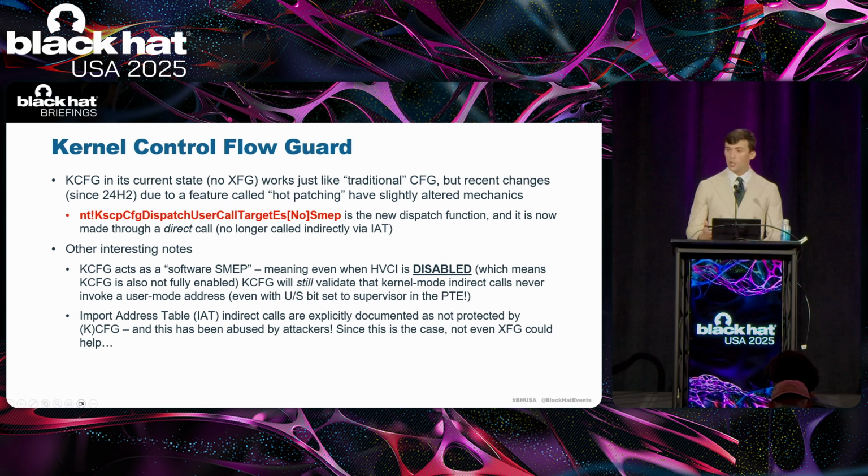This was a situation where the mitigation itself was implemented in the same privilege boundary as the attacker. The page table entry has a special user/supervisor bit, which lets us know what's a user page and what's a supervisor page. So KCFG, even with HVCI disabled, will be a full no operation, except for one single case, and that is a bitwise test on the address. If it's a user mode address, we still crash the machine even without HVCI being enabled.